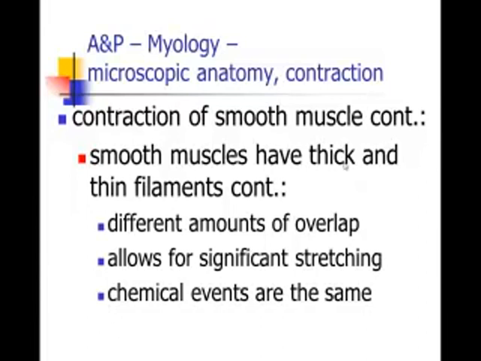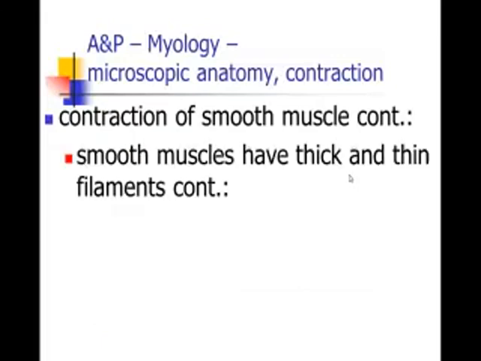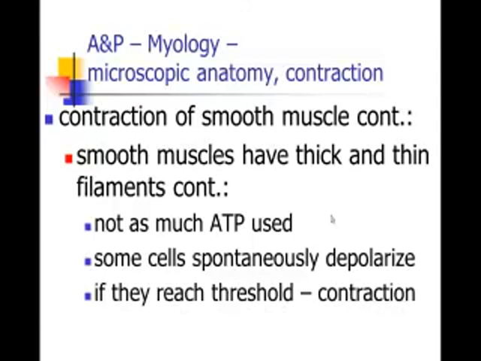Chemical events are the same though. Okay, the contractions are slower, and they use less energy. They're not as energy intensive. Oop, I'm ahead of myself again. So not as much ATP is used. Some of the cells spontaneously depolarize, and that turns out to be real useful. So this happens within the gastrointestinal tract. There's a pacemaker in the stomach, there's a pacemaker in the duodenum, and the urinary bladder has some too, spontaneous depolarization.